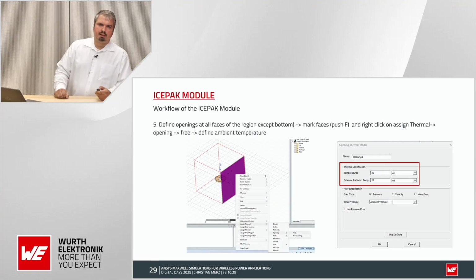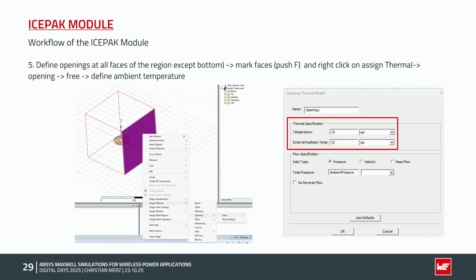Then the next step would be to define the so-called openings at the region. For this, you have to choose the sides of the coil, all sides except the bottom. You have to define the so-called openings. For that, you choose all the different surfaces of the region, right-click and then assign terminal, and then you go to opening, and then to EM, and this window opens.